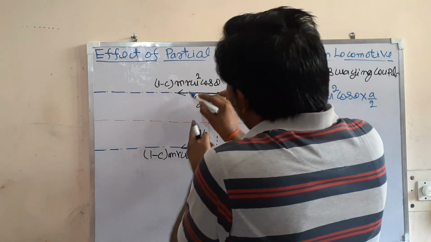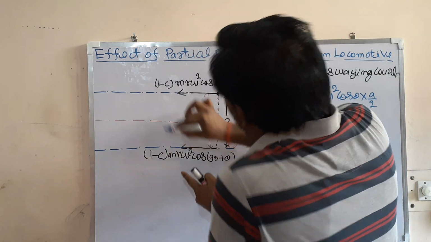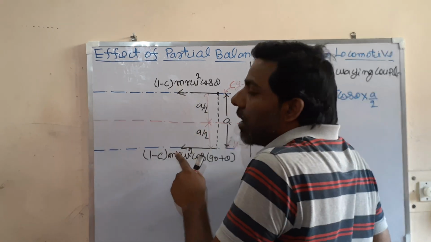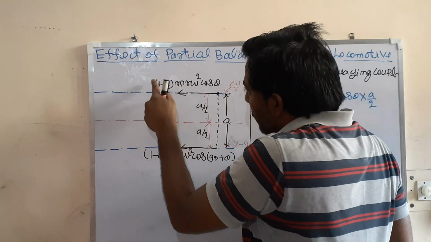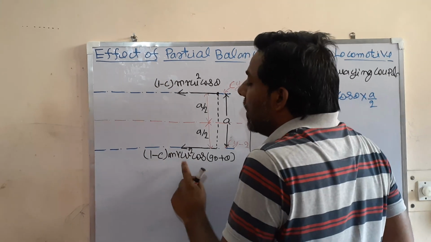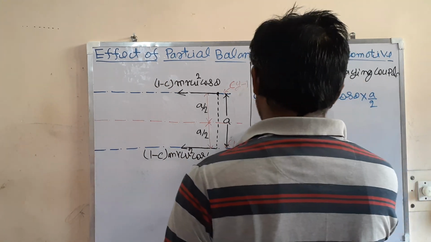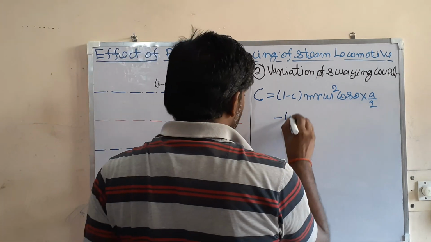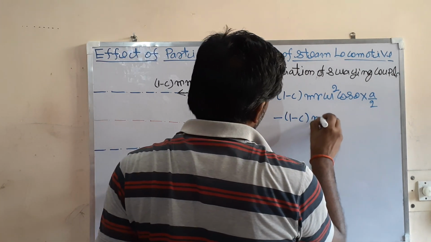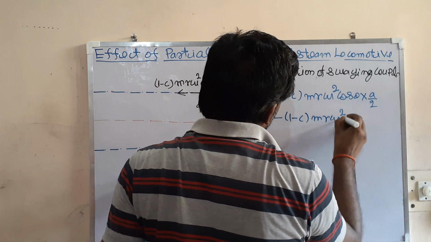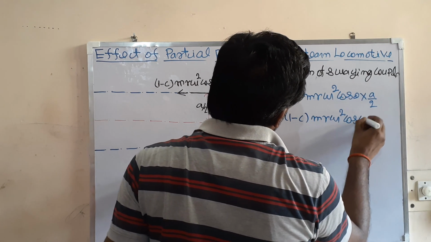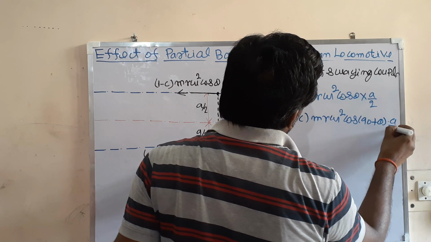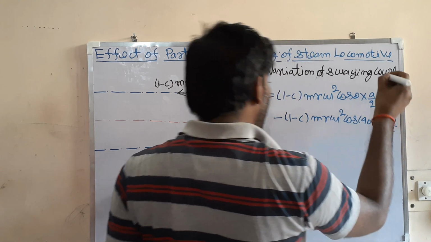Look here: if the moment of one is in this direction, then the moment of the other will be in the opposite direction. If the moment of this is plus, then the moment of this will be minus. So minus the moment of this force, that force into distance: (1 - c) m r ω² cos(90° + θ) into a by 2.